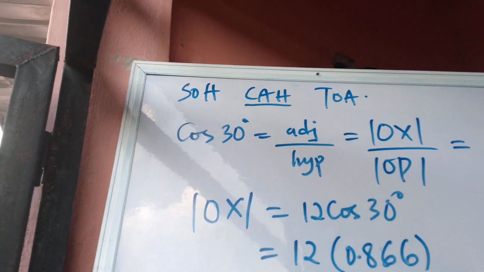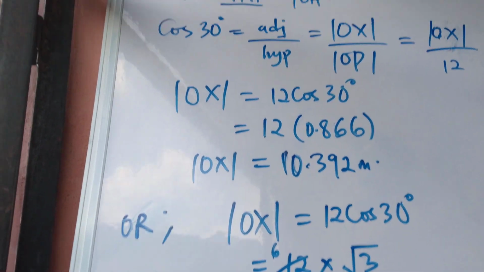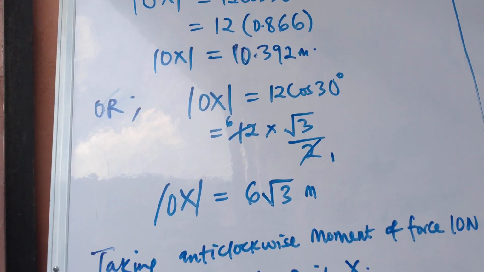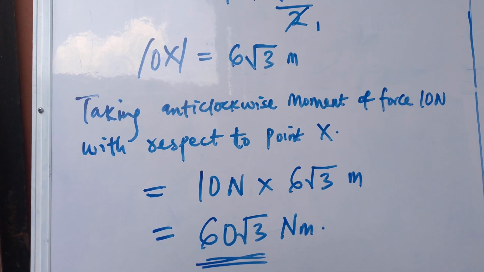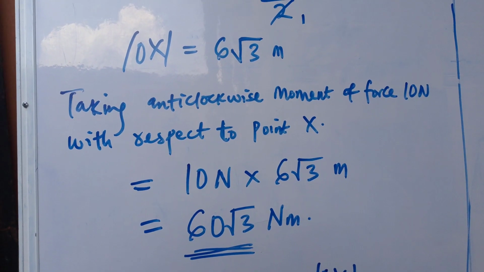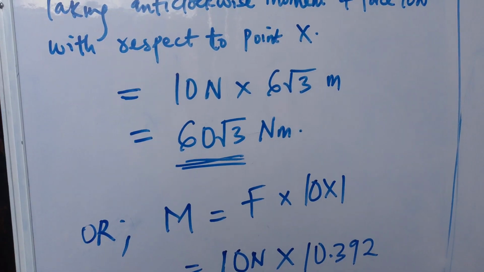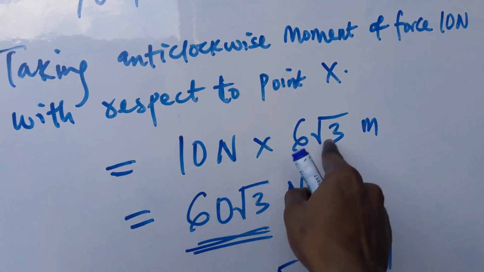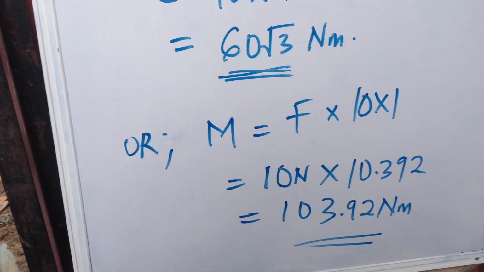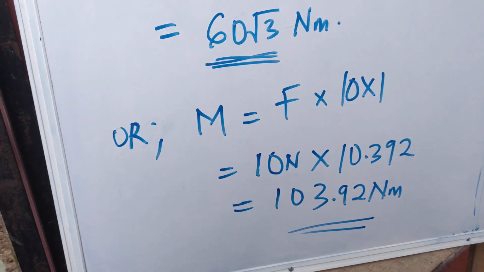So take note of everything we did. We had distance OX as 6 root 3. Then we took the anticlockwise moment of the force 10 Newton about point X. Moment is force times perpendicular distance, and I have 60 root 3 or 103.92 Newton meter.